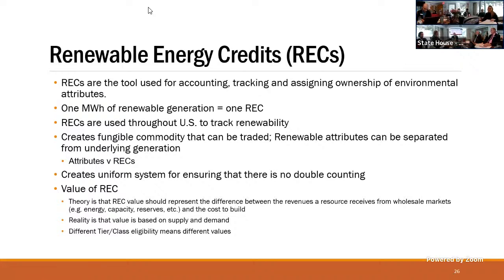And of course, Vermont called Tier 1 the broader umbrella tier, what other states call Class 2, just to make it confusing. So in Vermont, Tier 2 is local Vermont small generation, and those are Class 1 in other states. So we did the opposite. There's no magic to the word for the tier.